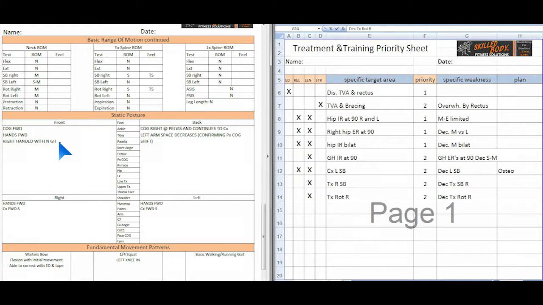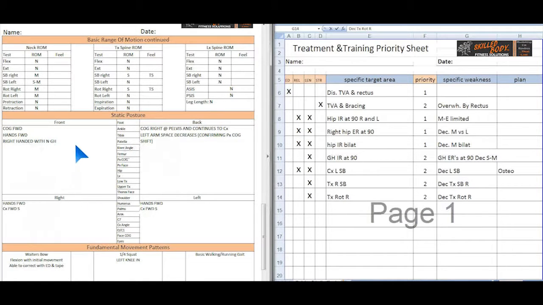If they pick up, push, swing, do all that sort of stuff normally with the right hand, what you should see in their posture is their right shoulder slightly lower than their left, especially if they're very dominant on the right side. So when I put right-handed with a normal shoulder, that means his right shoulder is slightly down, which is indicative of handedness.